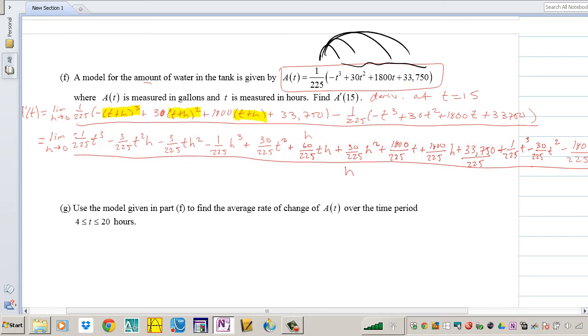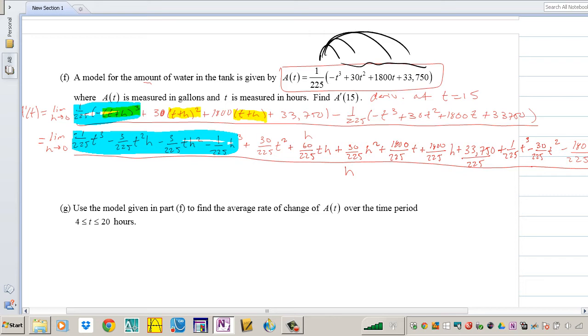Notice that the negative in front of the t plus h cubed also changes the sign. So whatever I cubed, this blue part right here was simply this part here.